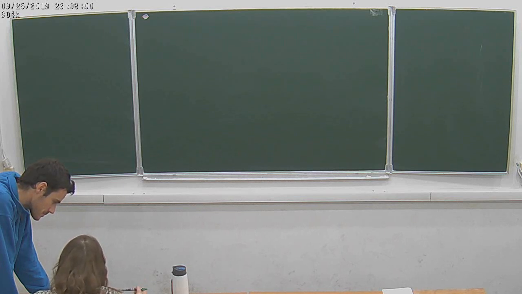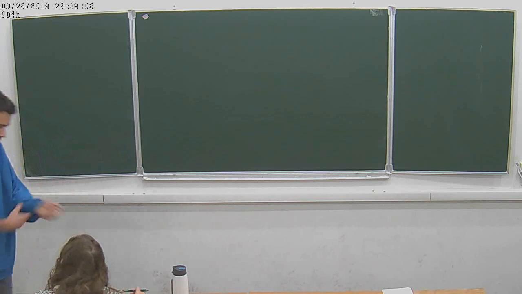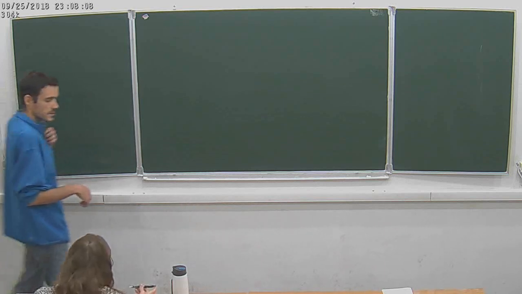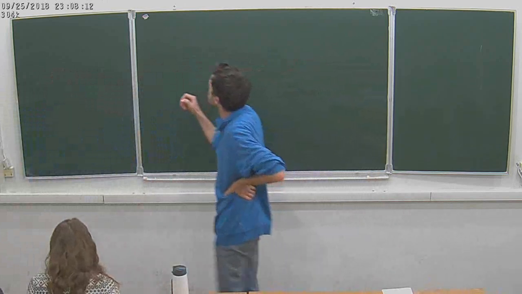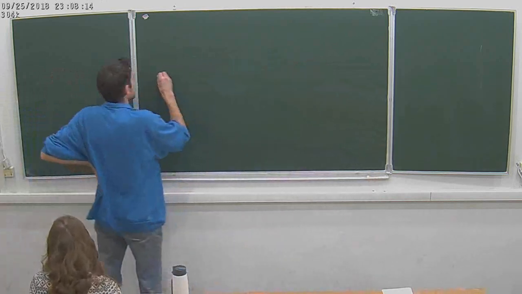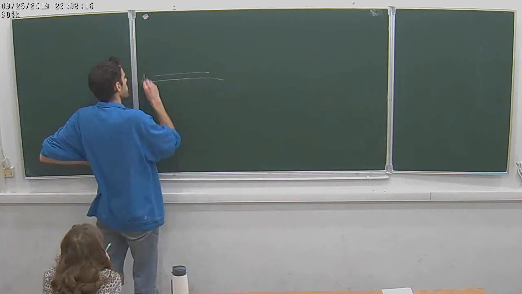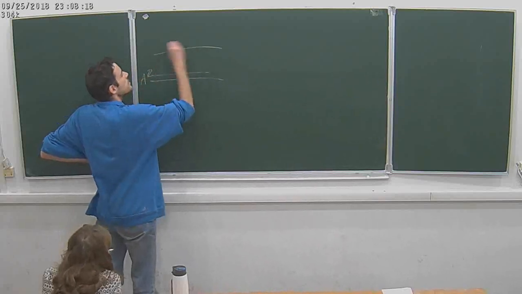This is just from one alphabet, from one word of alphabet to another. So, for example, a continuous map from A^Z to B^Z.